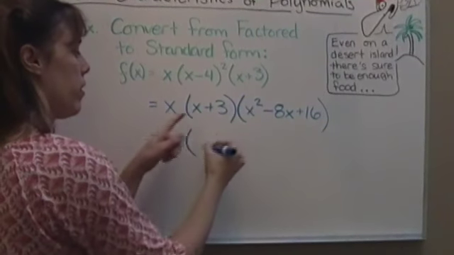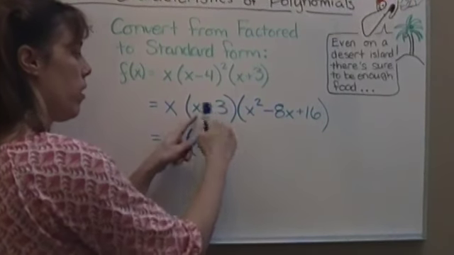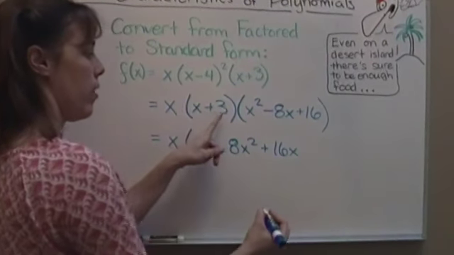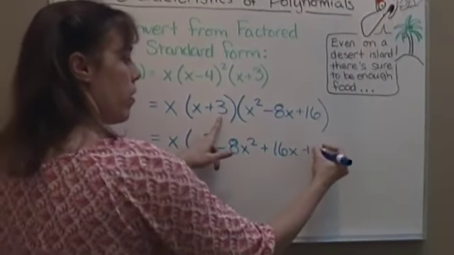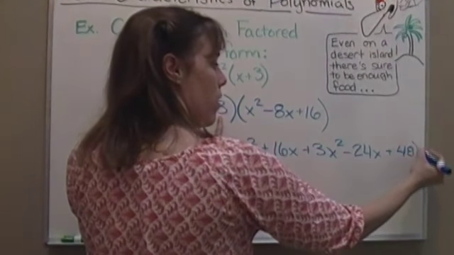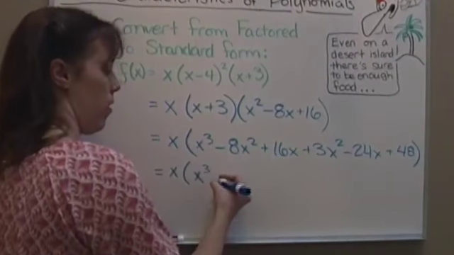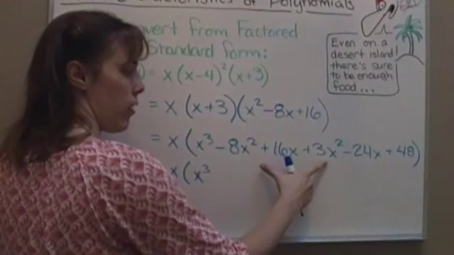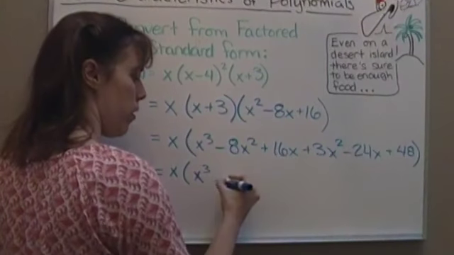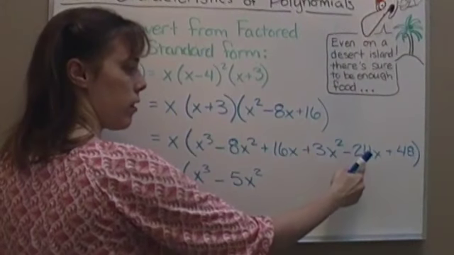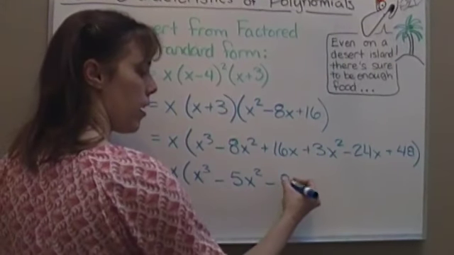X times x squared, x cubed, x times 8x. Okay, then distribute the 3. Okay, combining like terms, negative 8x squared and negative 3x squared, negative 5x squared, x's minus 8x.